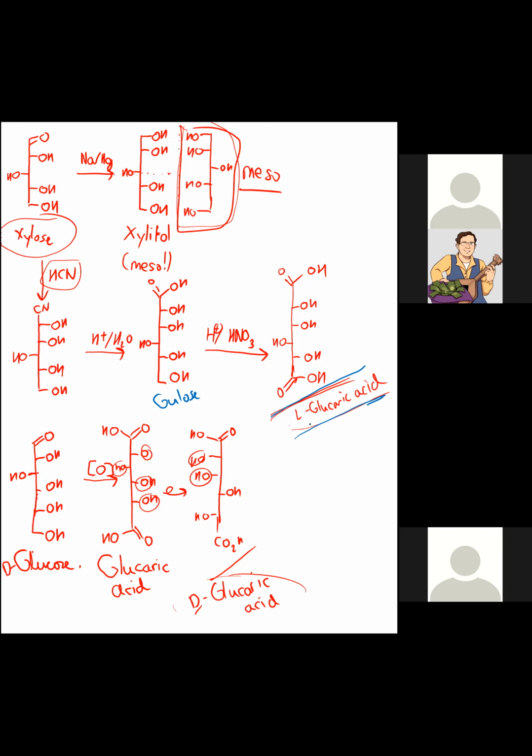But we know that when we oxidize it, it makes the enantiomer of glucaric acid. So what that tells us is we need to be able to make it so that we can get that enantiomer.